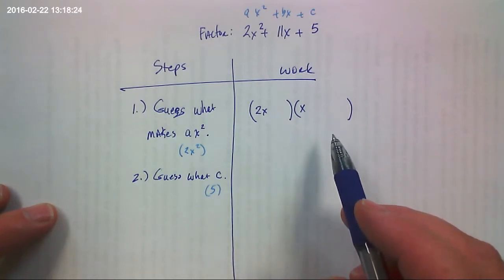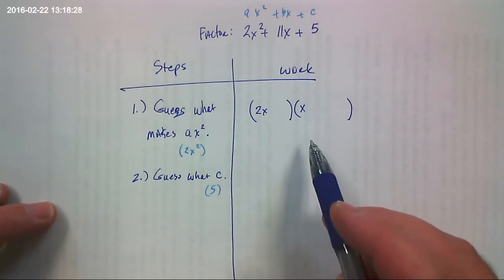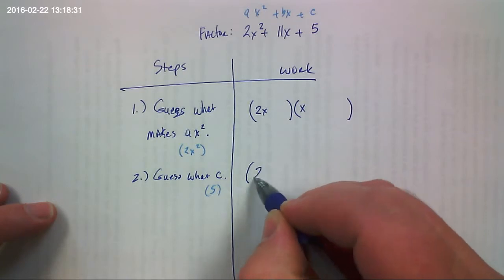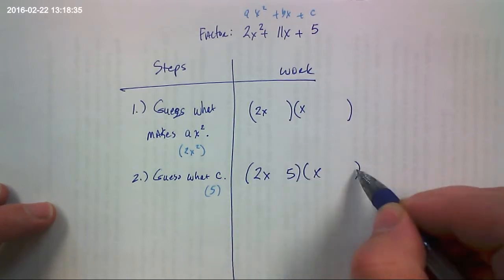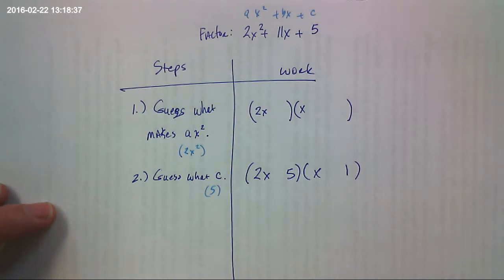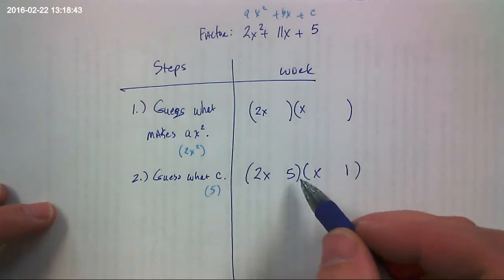They multiply to C. 5 and 1 or 1 and 5, right? So I'm going to do 5 and 1. It's wrong. I know it's wrong, but I'm going to do it anyway because I'll show you. Okay.